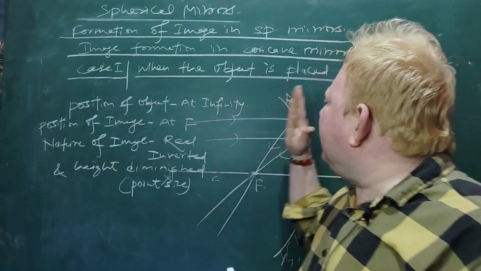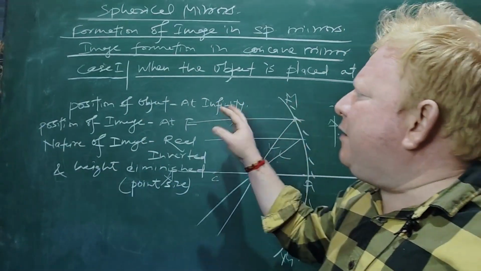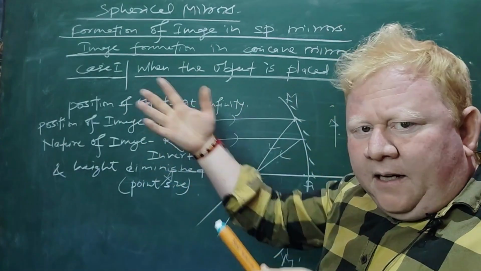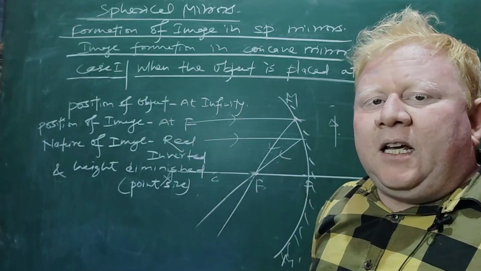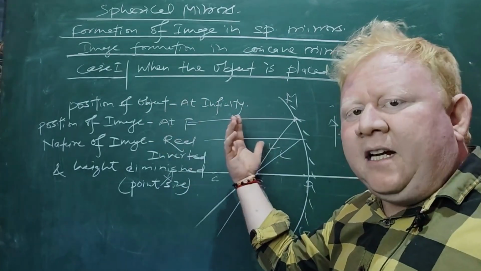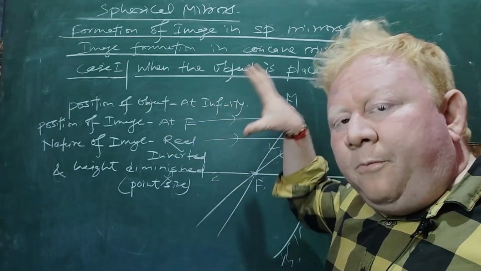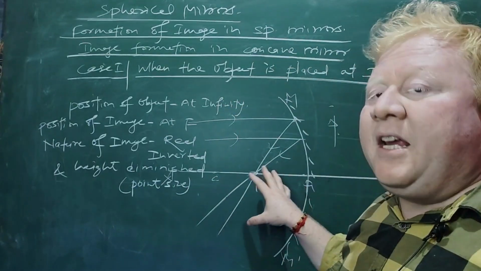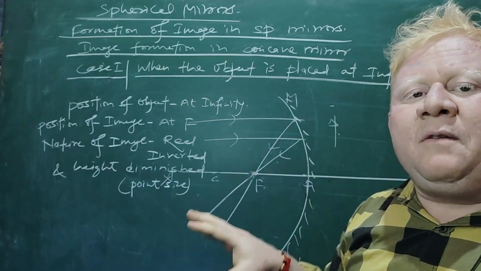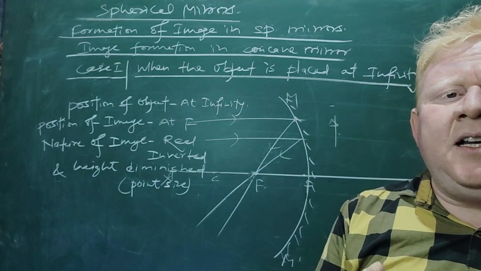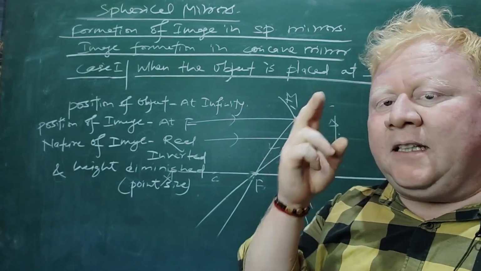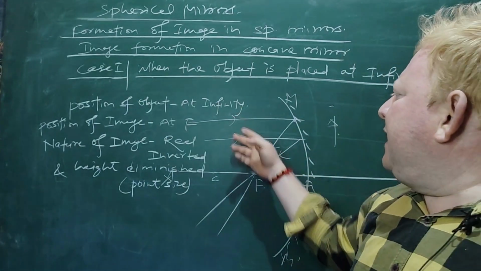But here, since the mirror is on this side, why consider the others? Only two rays we are considering, because our target is to form an image. An image is formed by the meeting of at least 2 rays. Meeting is possible with 2 or more, so we are taking only 2.